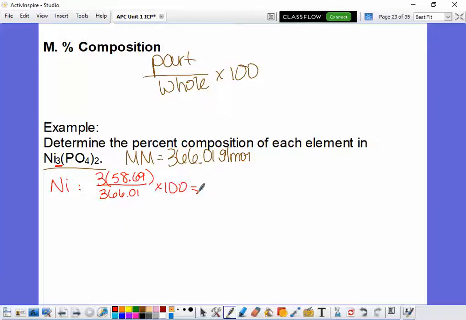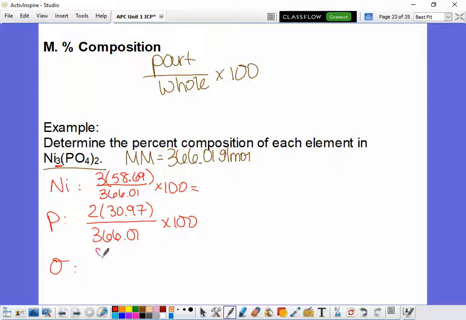And then phosphorus. How many phosphorus atoms are in that compound? 2. So 30.97 times 2 over 366.01. And how many oxygen atoms are there? 8. Good. Just want to make sure we all knew how to determine the number of atoms in a compound.